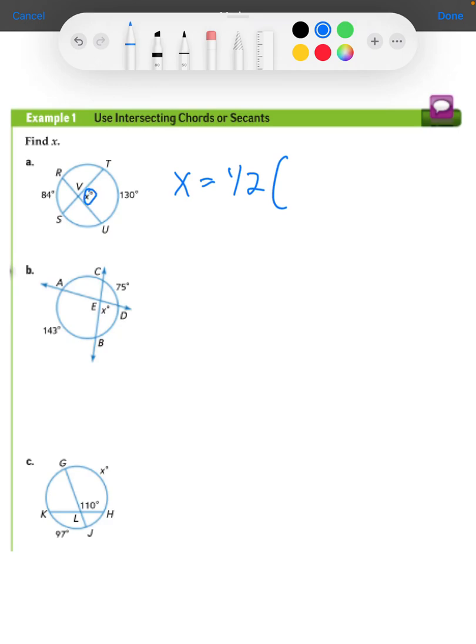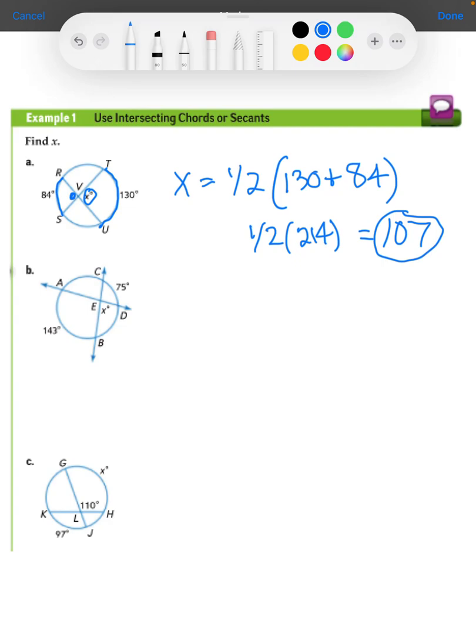This vertical angle, which is the same as this one, intercepts this arc, RS, and TU. So x equals 1/2 of 130 plus 84. We get 1/2 of 214, which equals 107.